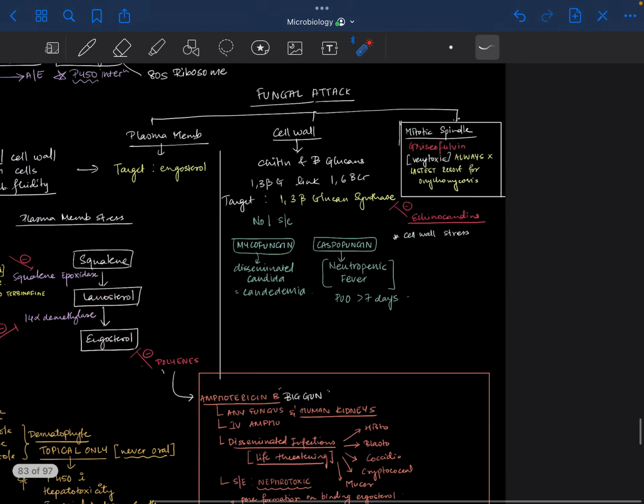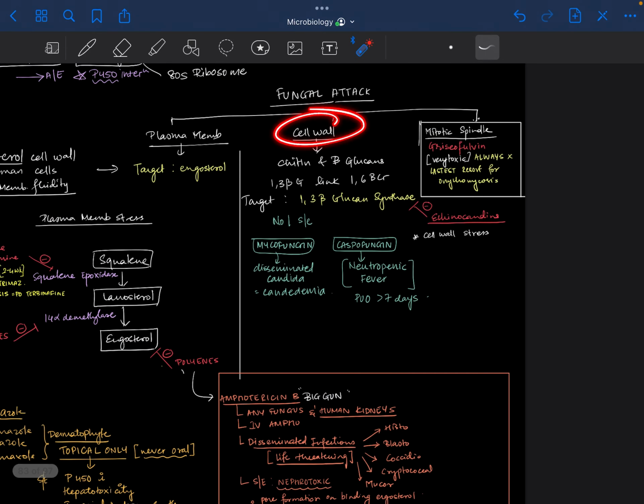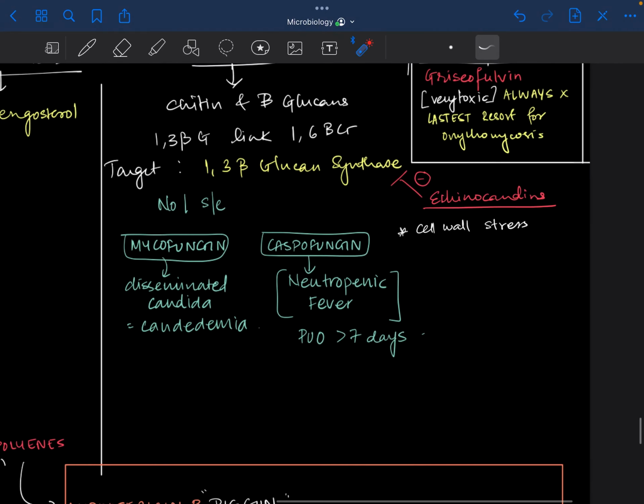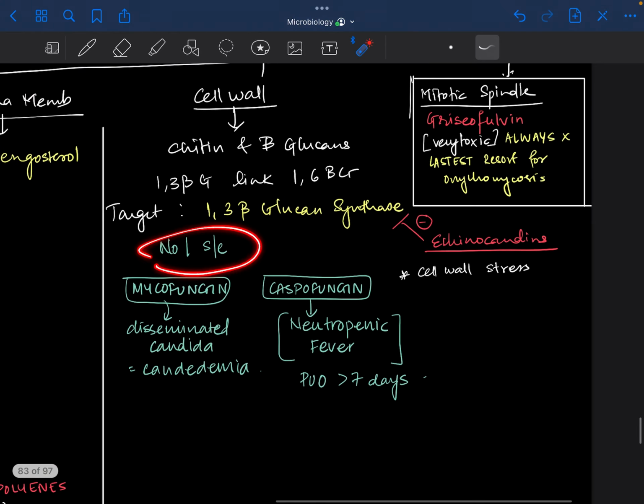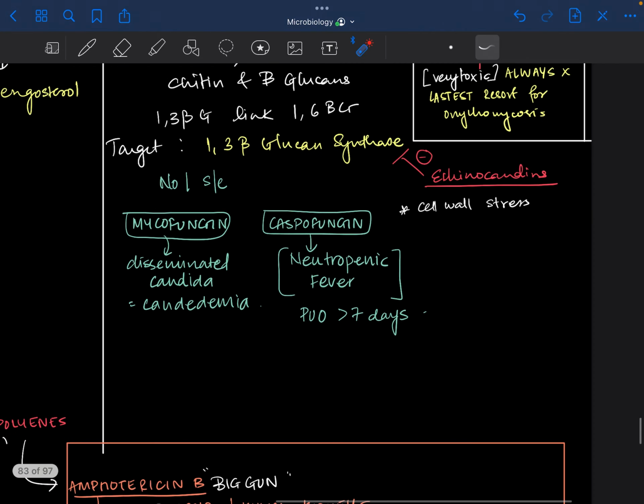That is amphotericin. Now when we're coming to the cell wall, we discussed that 1,3 beta glucan synthase will be inhibited by echinocandins. I've written it here again. So these are very safe. They hardly have any side effects, but you need to remember the indications.